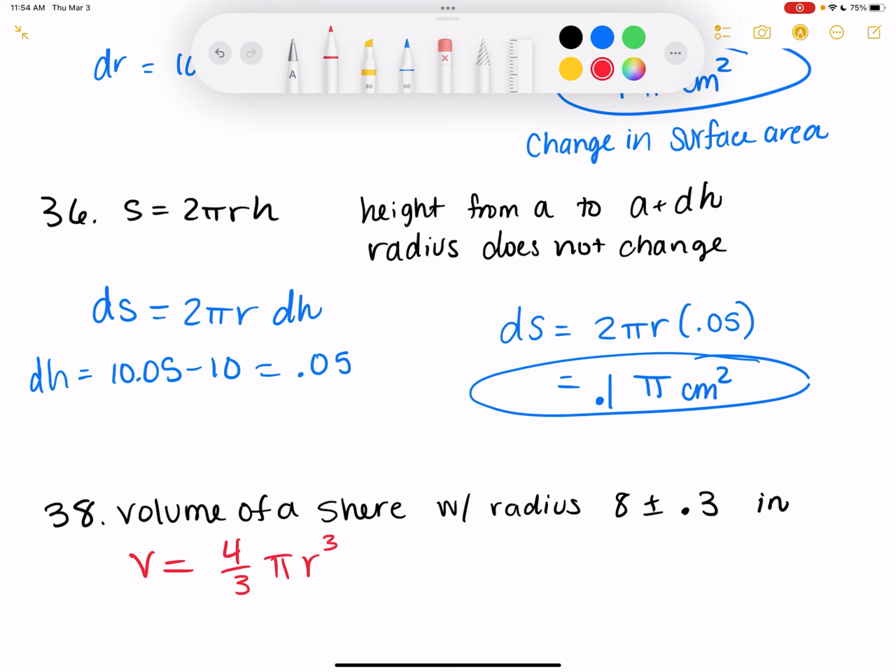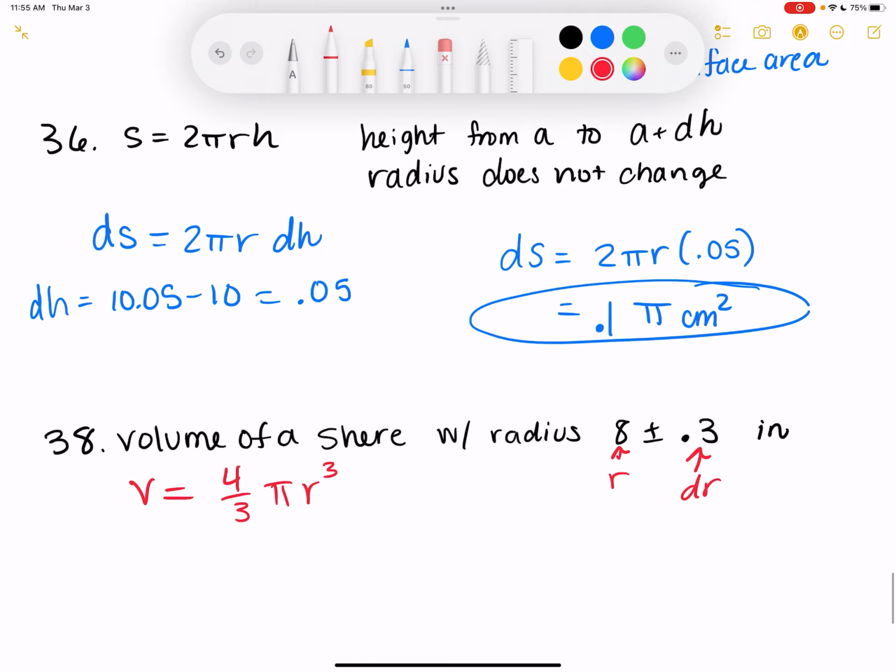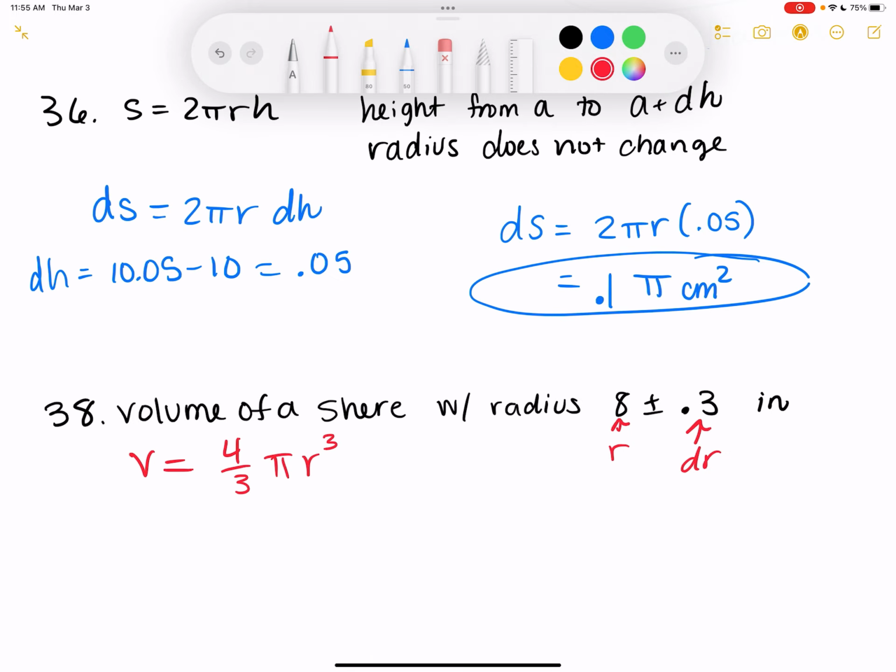All right, so this value here, this 8, is your R value. This 0.3 is your DR. So we're going to take the derivative. So the derivative of that volume equation would be what?